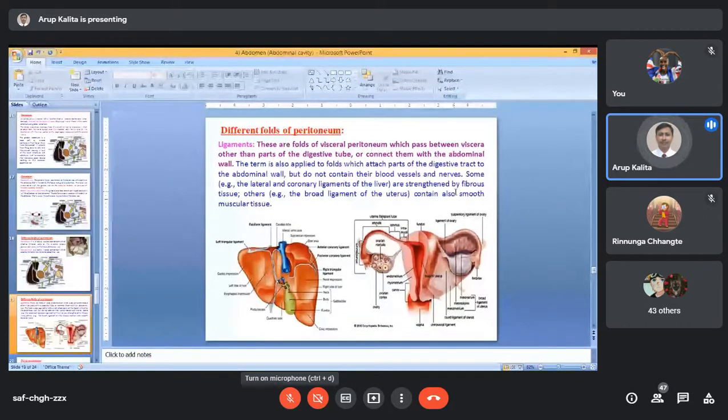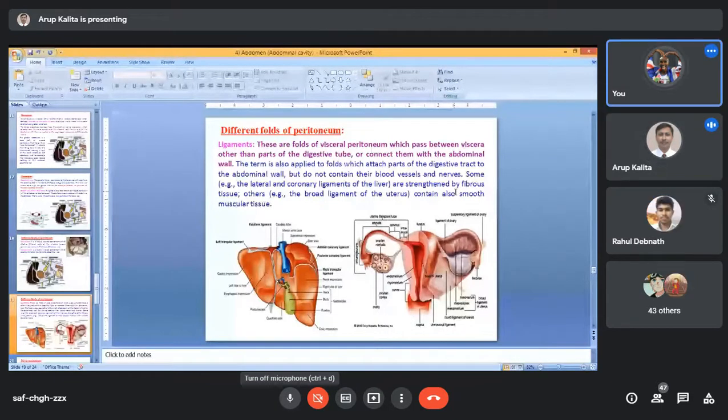Now can you make the difference between this omentum, mesentery, mesocolon and ligaments? What is what? What is omentum? Look, all these four are folds of peritoneum. Omentum is also a visceral peritoneum, and mesentery also folds of visceral peritoneum. Mesocolon also folds of visceral peritoneum. Ligaments also folds of visceral peritoneum.